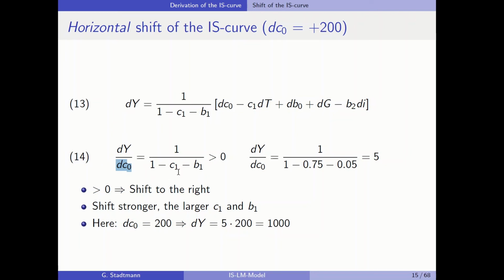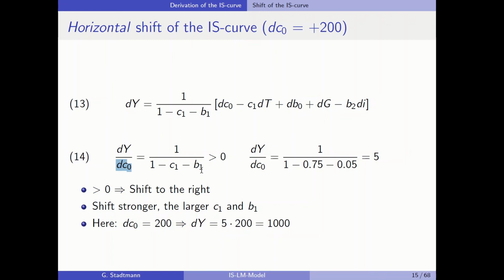The whole expression is positive because also the denominator is positive, and this implies that when the autonomous component of consumption increases, Y has to increase so that the equal sign holds, and therefore the IS curve has to shift to the right.